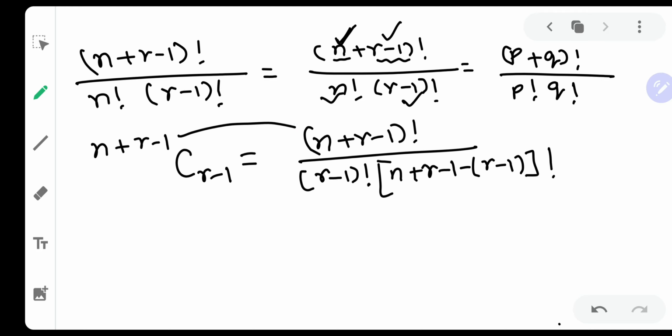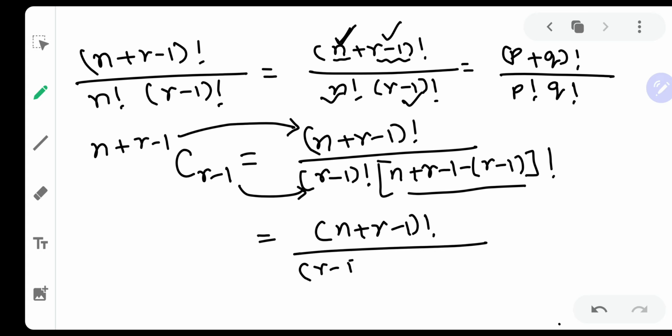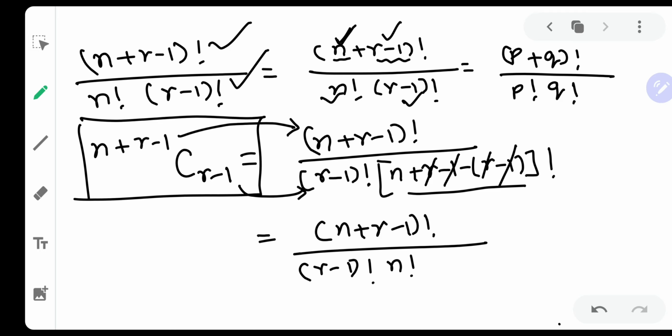If you observe carefully, R is getting cancelled and even minus 1 and minus 1 is getting cancelled, so all you have is N factorial. Our formula which was formed is exactly the same. Hence the distribution of objects can be written as N plus R minus 1 C R minus 1.